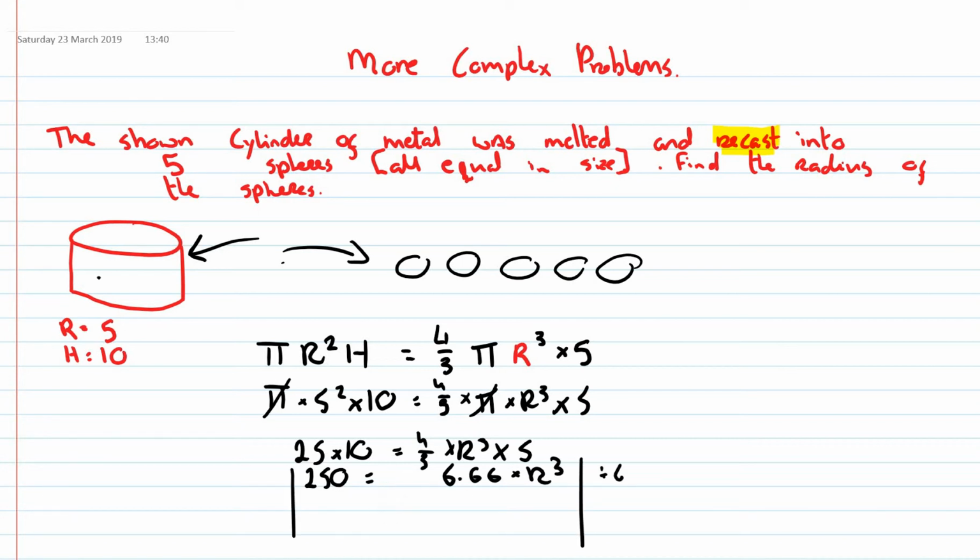Divide this by 6.66, divide this by 6.66. 250 divided by 6.66 equals 37.53.